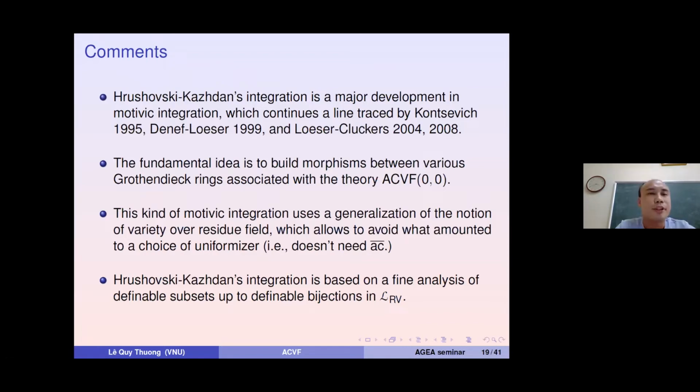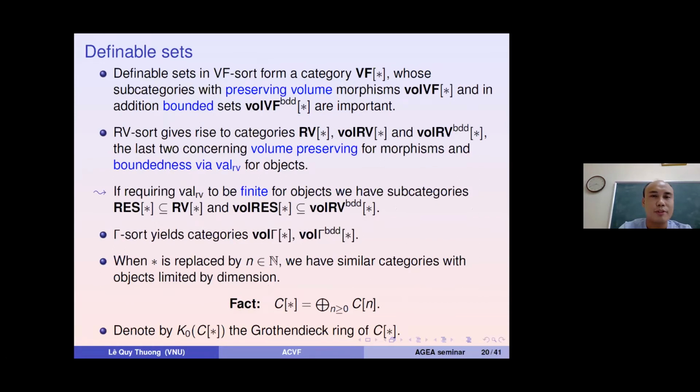So now I mention the definable sets in the theory ACVF. From the VF sort, we consider the category VF star of definable sets. And we also mention the subcategory Vol VF star with one more condition that the morphisms are preserving volume.